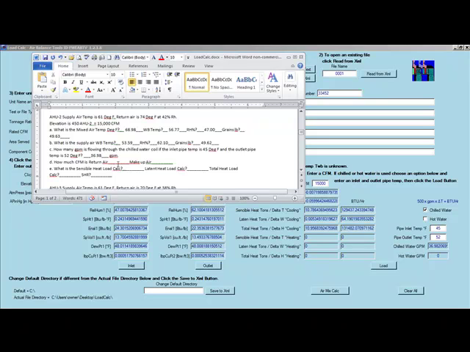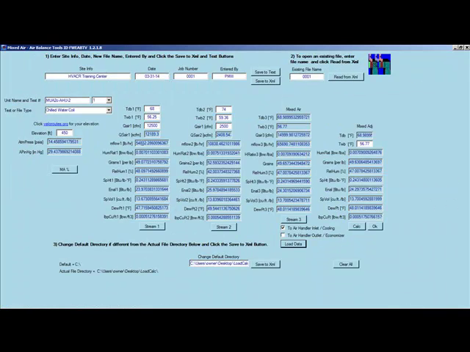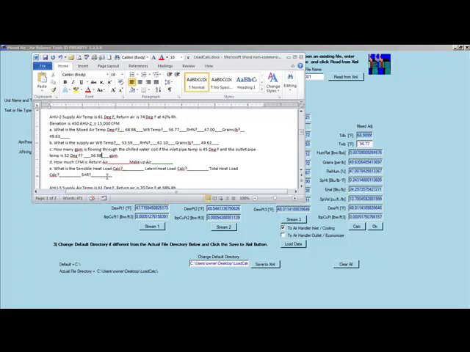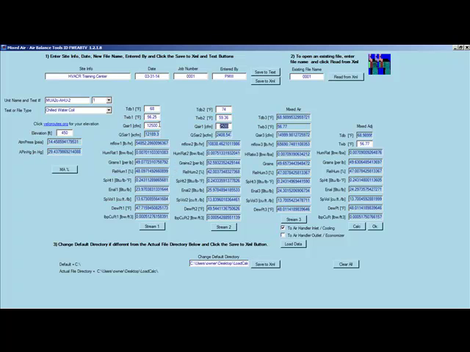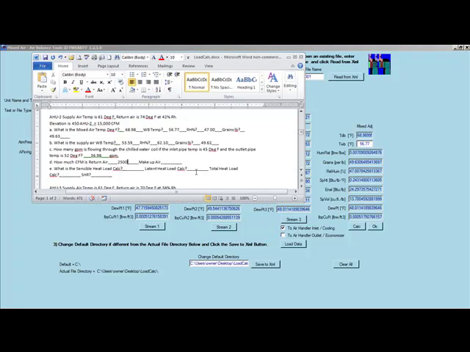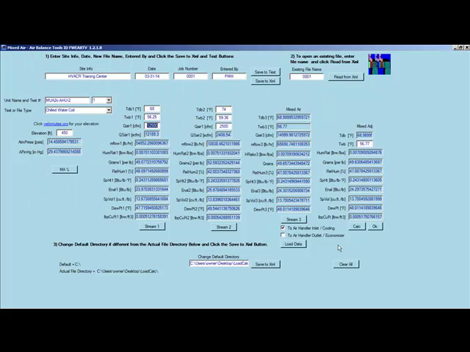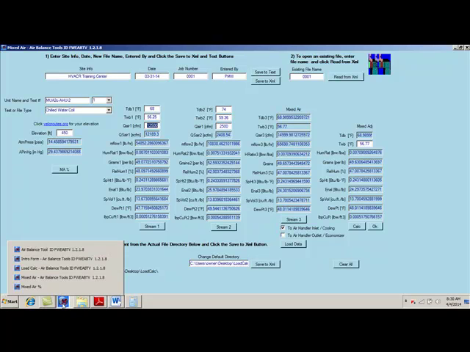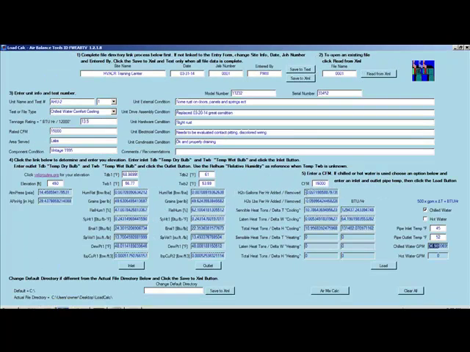How much CFM is return air and how much is makeup air? So return air. What is a sensible heat load calc? Latent heat, total heat, and SHR. So let's go back to the air handler. Load calc.